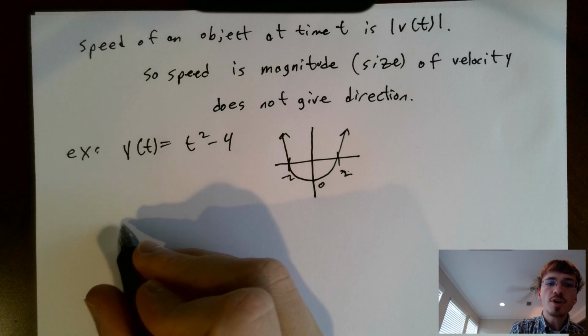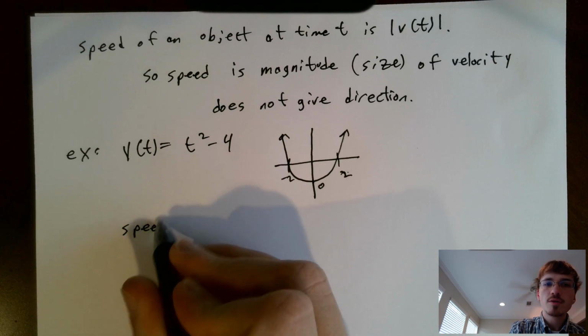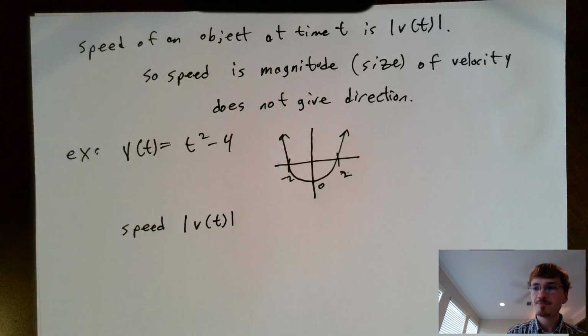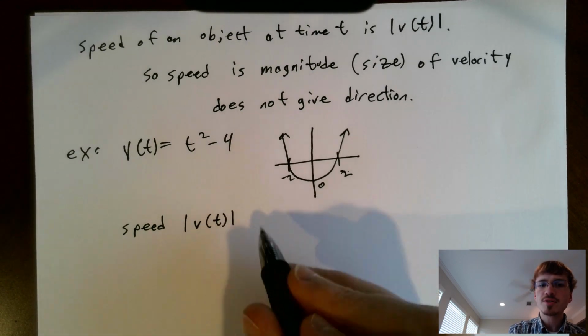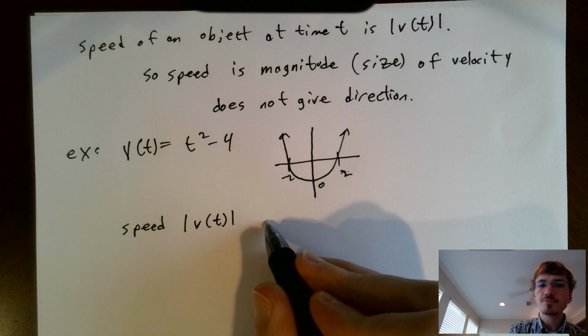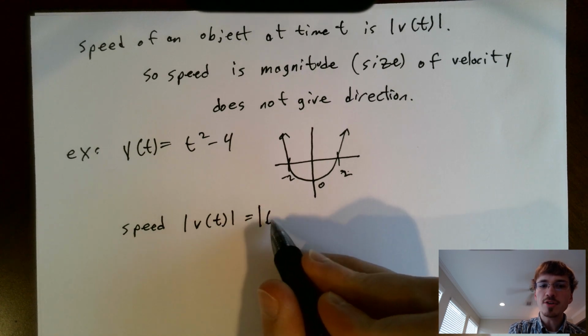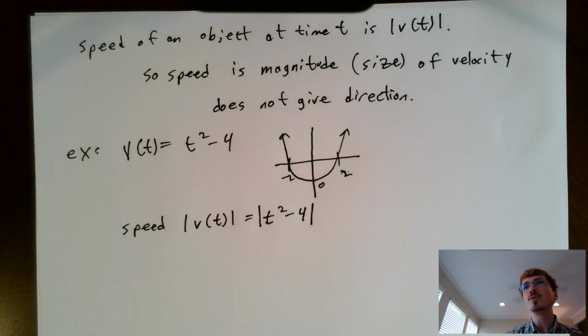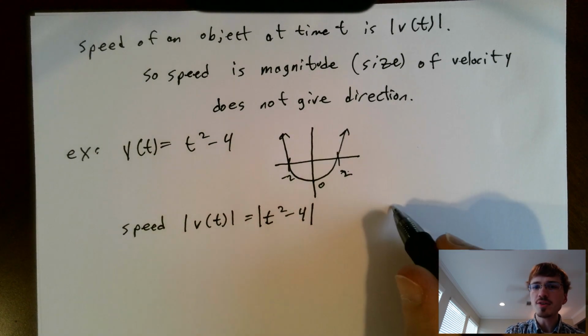So if we wanted to graph the speed, we know that this is the absolute value of the velocity function, right? So we're really graphing the absolute value of t squared minus 4. We could break this into a piecewise function and graph it the old-fashioned way like we did in pre-calculus, but let's be a little quick and easy here.